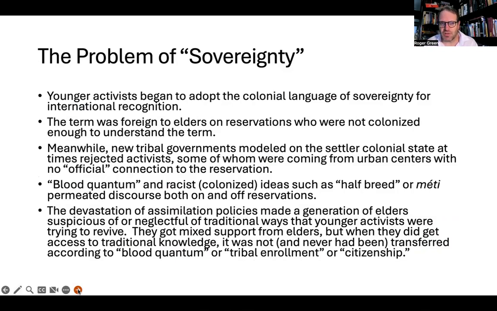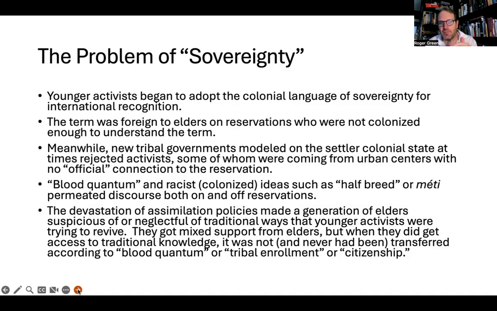We get during this era the problem of sovereignty. Younger activists, some of whom had been to college, start using this term sovereignty in their activism. So they began to adopt the colonial language of sovereignty for international recognition. What do Native peoples want? They want sovereignty or self-determination, right? That was the going tagline.